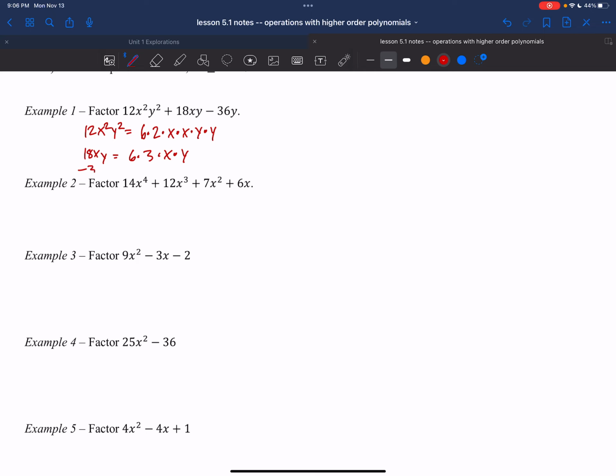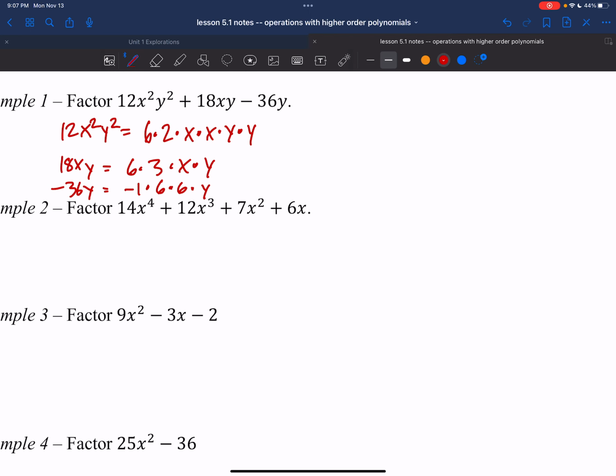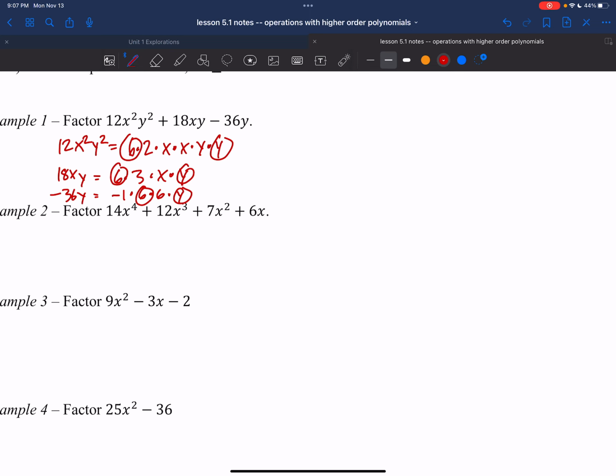And negative 36y is negative 1 times 6 times y. What do they have in common? Well, they have a y in common, and they have a 6 in common. So the GCF is 6y, right?